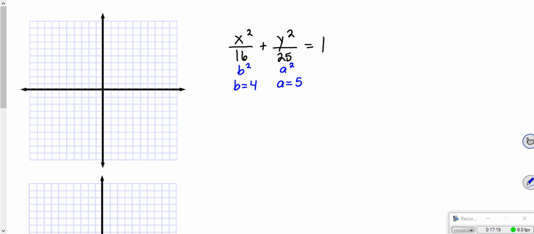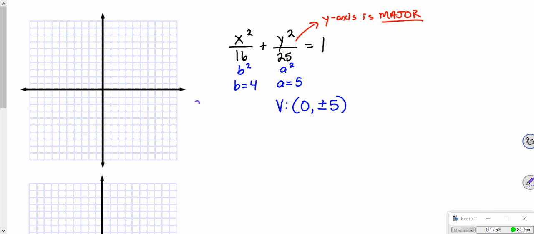Now, since the a squared is under the y squared, the y-axis is major. Since the bigger number was under the y squared, the y-axis is major. So my vertices on the y-axis are going to be 0, plus or minus 5.